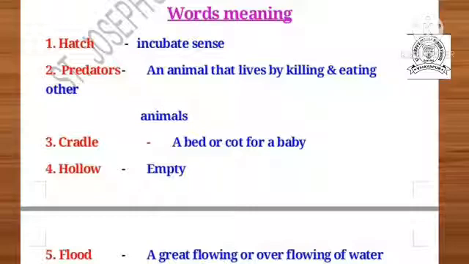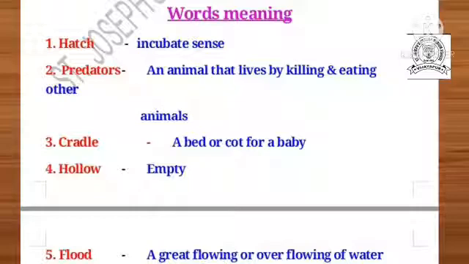Weaver bird can make a cradle shaped nest. Fourth one is hollow. Hollow means what? Empty. The woodpecker can make its nest in a hollow of a tree trunk, or they also make holes by using their chiseling beak. They can make a hole in a tree branch.